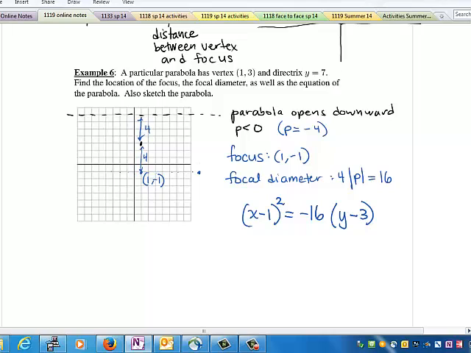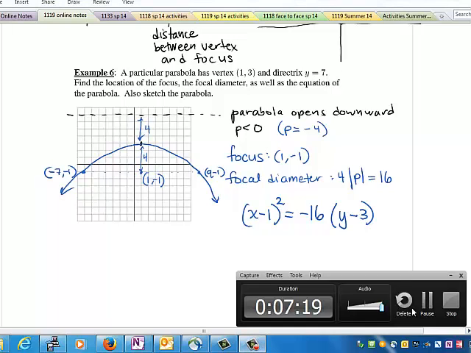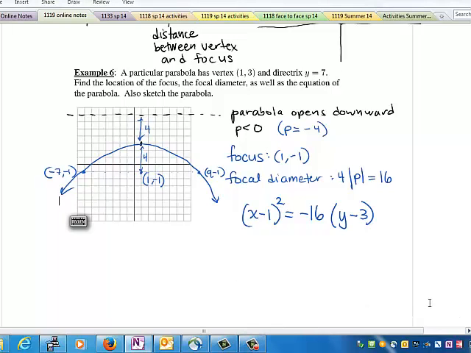So we've got over here this point negative 7, negative 1. And this point over here would be 9, negative 1. Those would be points on our parabola. There you go. And I think that's everything for that example.